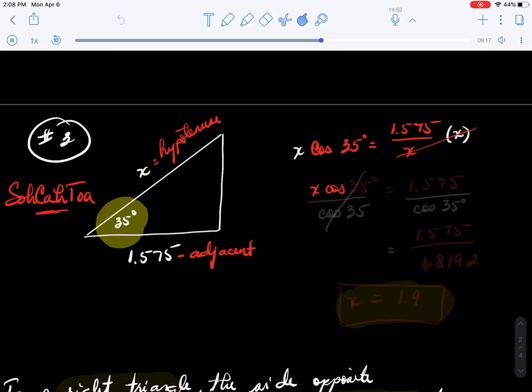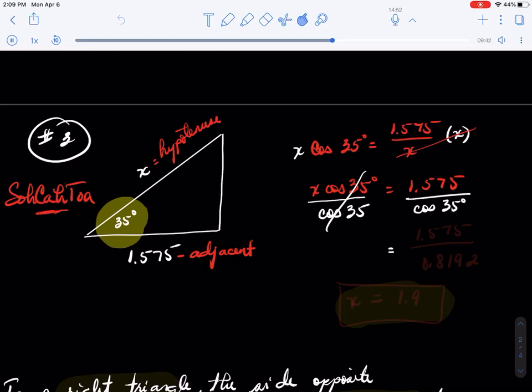Okay, so I should have x equals 1.575 divided by cosine 35 degrees. Cosine 35 degrees is an actual value, so you don't have to evaluate ahead of time. You can wait until the very end. But for those of you who are confused about cosine, you can certainly do the calculation first.